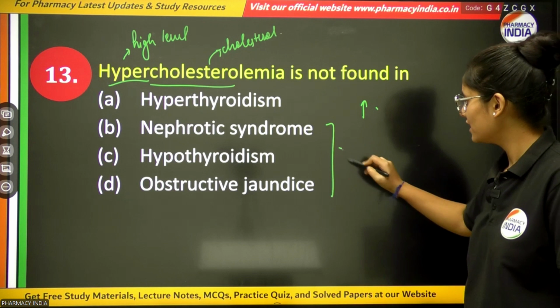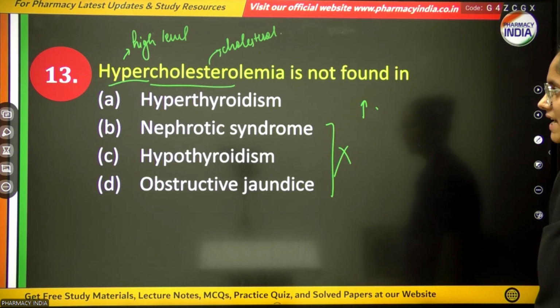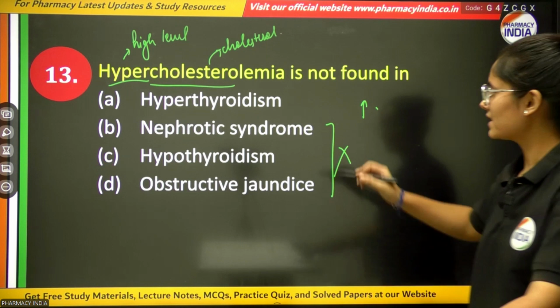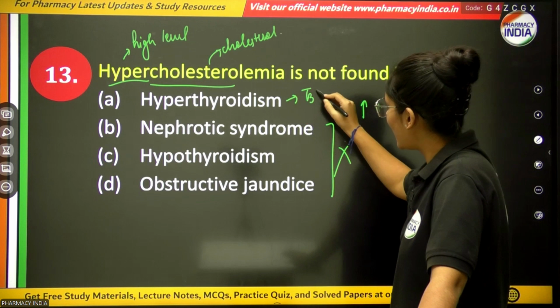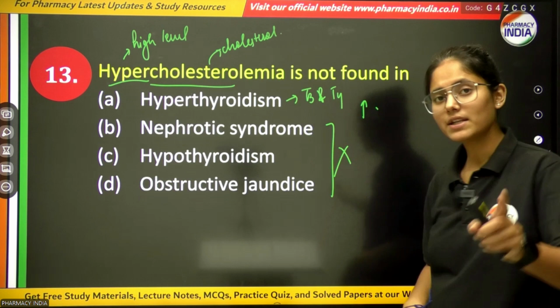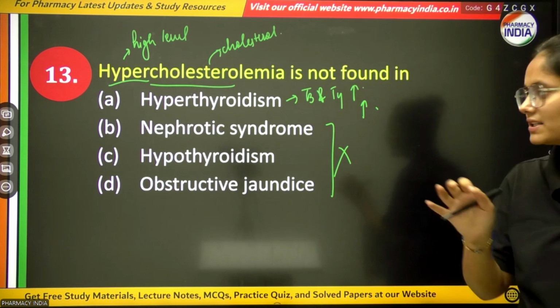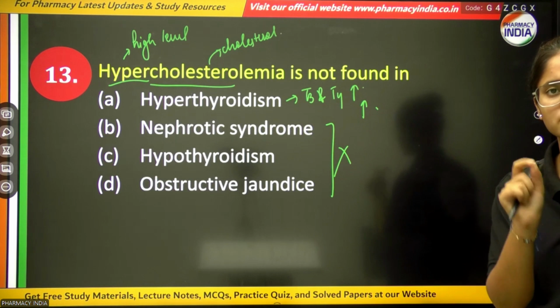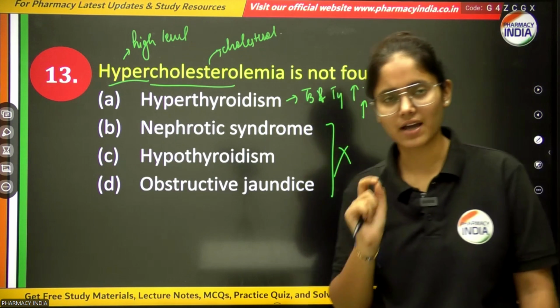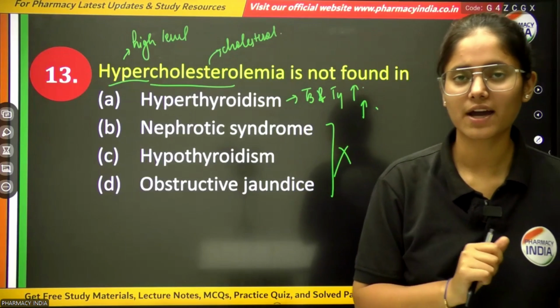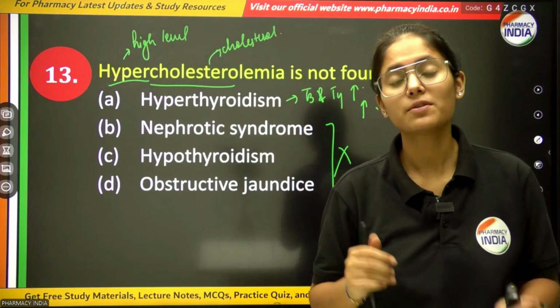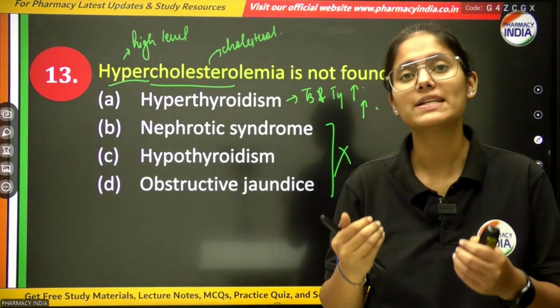Basically, nephrotic syndrome, hypothyroidism, obstructive jaundice, these all are wrong options because in hyperthyroidism, the secretion of T3 and T4 increases. Clear? T3 is triiodothyronine, and T4 is thyroxine. Your metabolic process also increases.